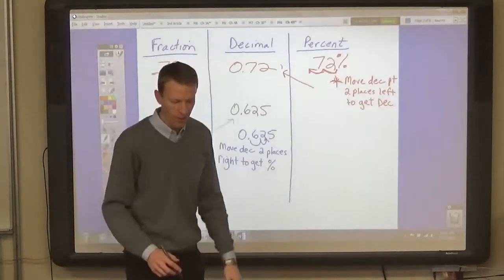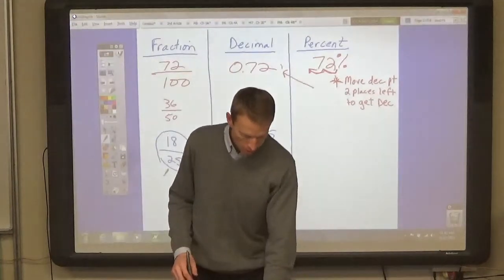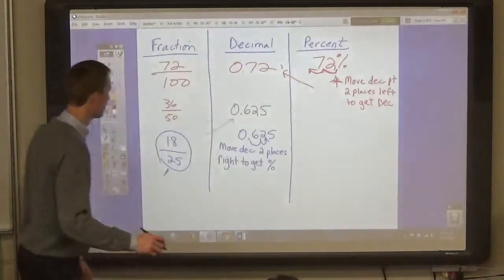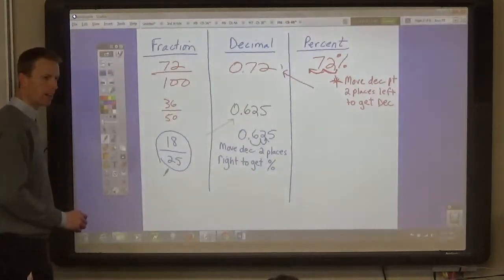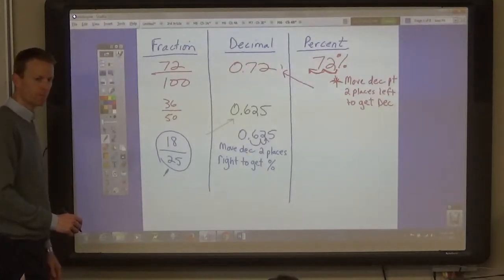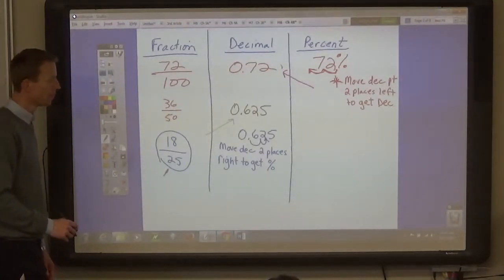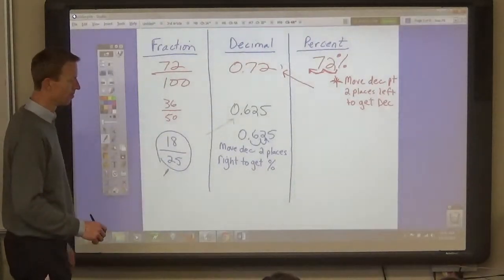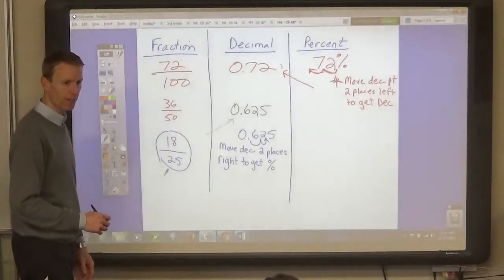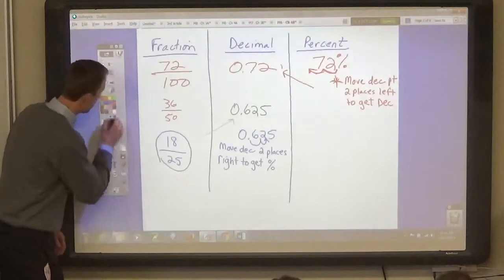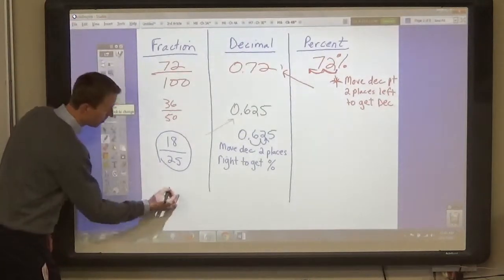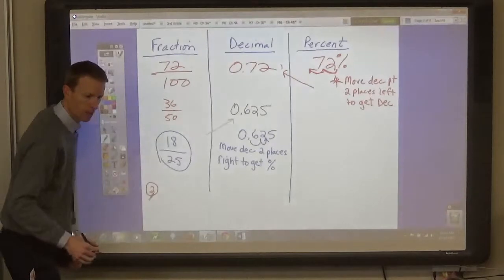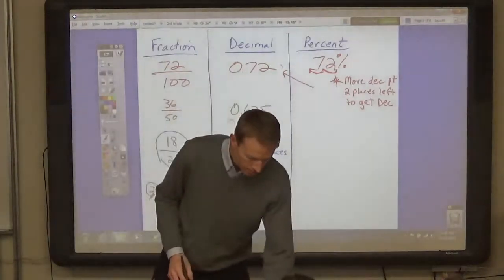Let's do the next one together. Number 2. What are we starting with? 9 25ths. We're starting with half of this. Instead of 18 25ths, we're starting with 9 25ths. That's number 3?